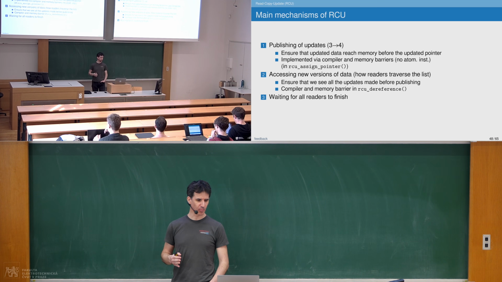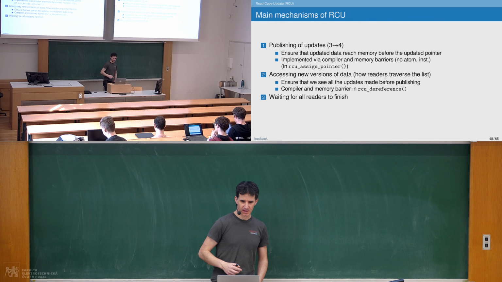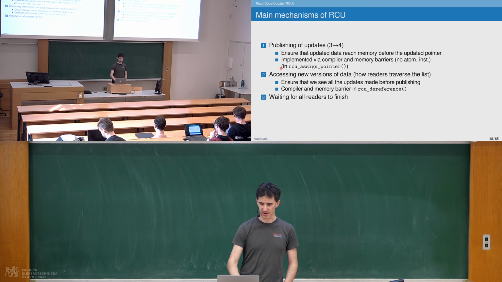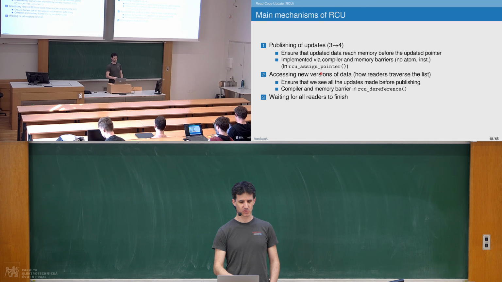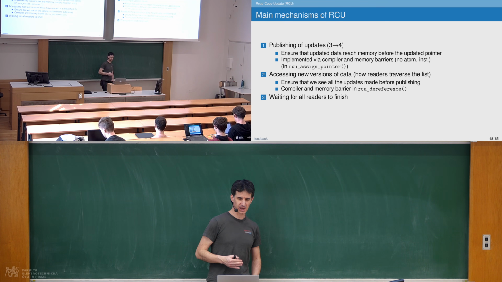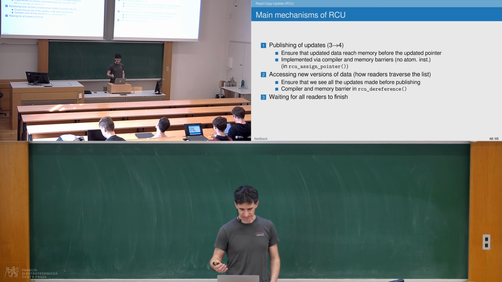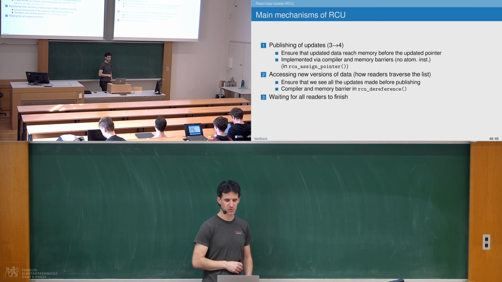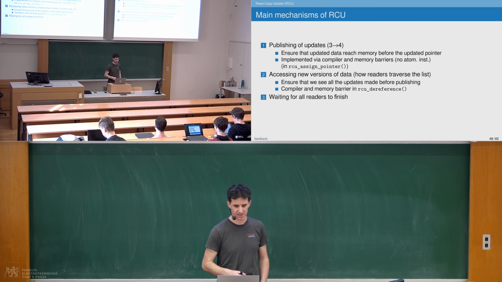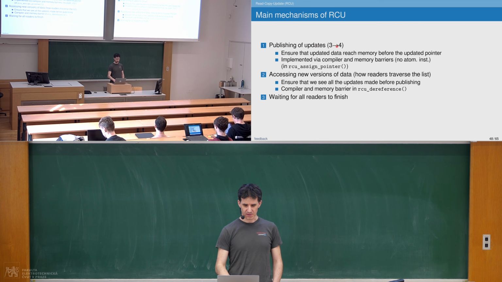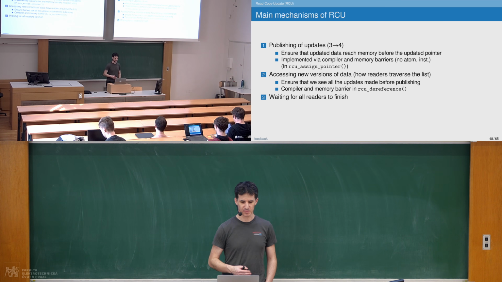RCU is basically composed of several mechanisms. Those mechanisms are implemented in certain functions. The functions here are the functions as they are used in the Linux kernel, or also in this user space library that you will work with in the exercises. Those initial steps of this algorithm are pretty simple.